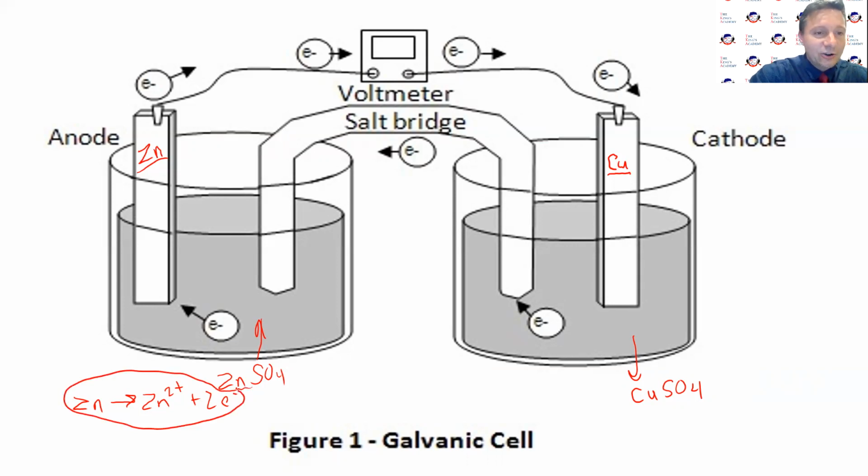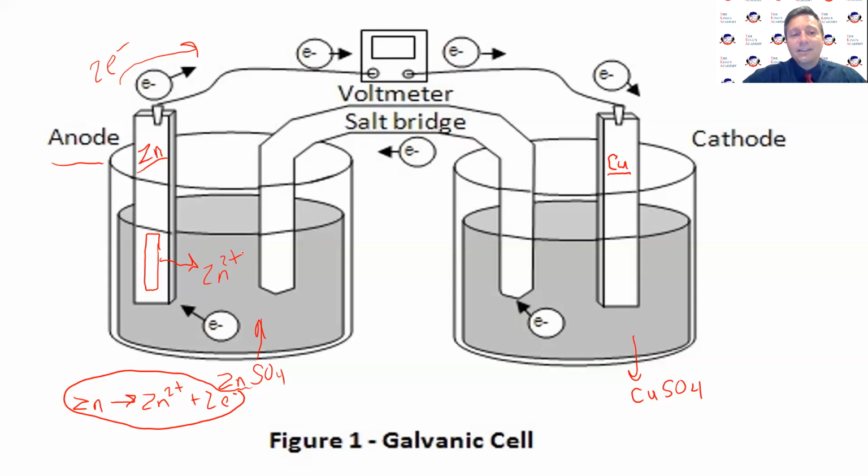And this is our anode, as it says right here. So the zinc on this metal plate right here is losing 2 electrons. As you can see, the electron motion is going to be coming this way, and that's the 2 electrons that this zinc lost. It is going to leave the zinc plate and go into solution as zinc 2+.